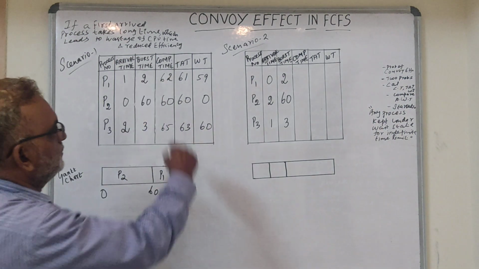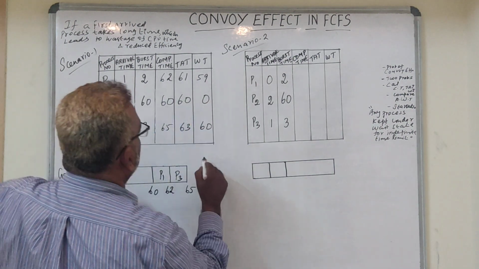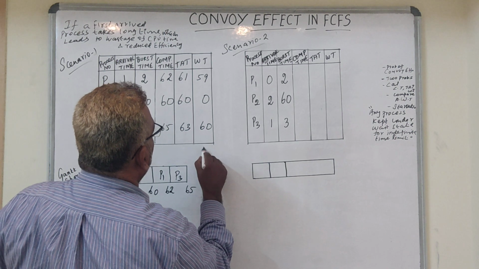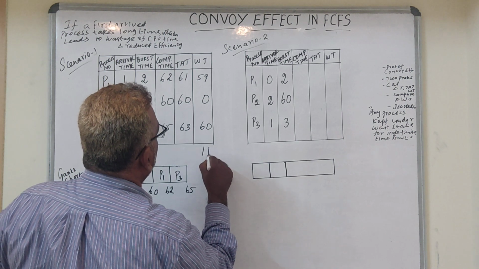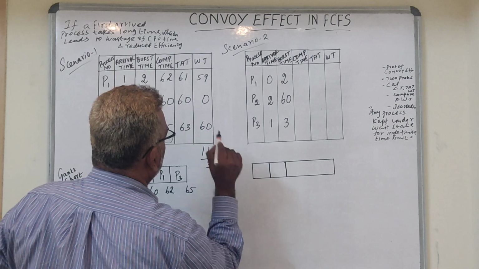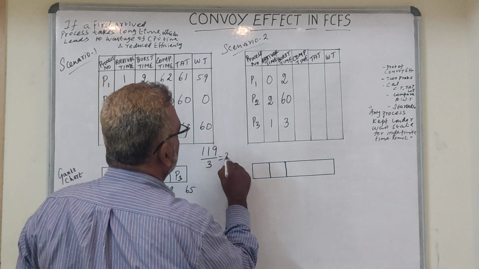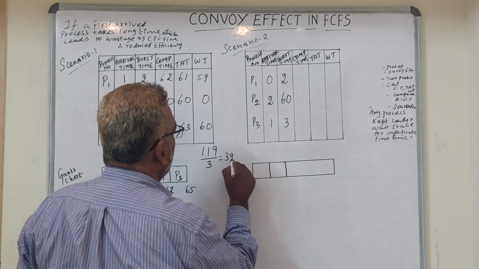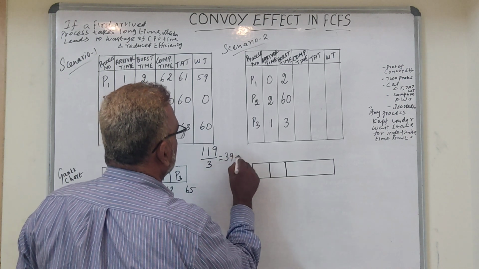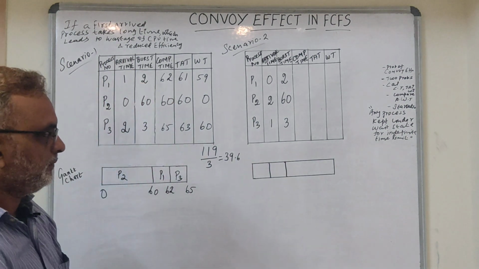So if we take the total, it is 119 divided by 3, approximately 39.6.